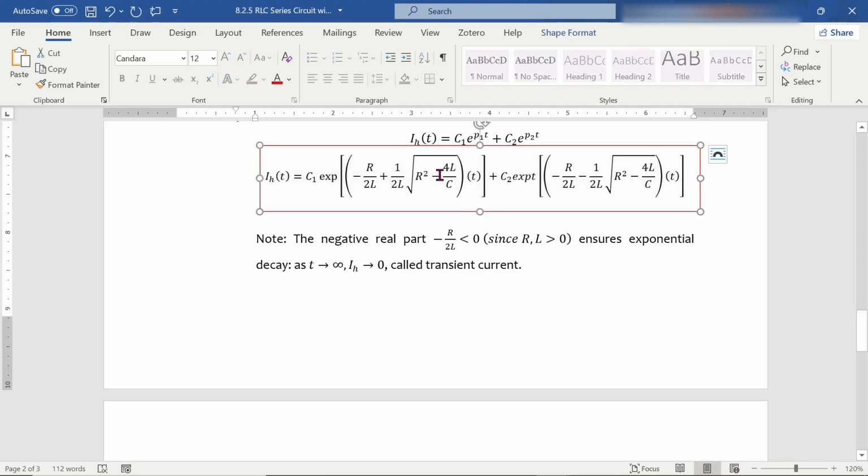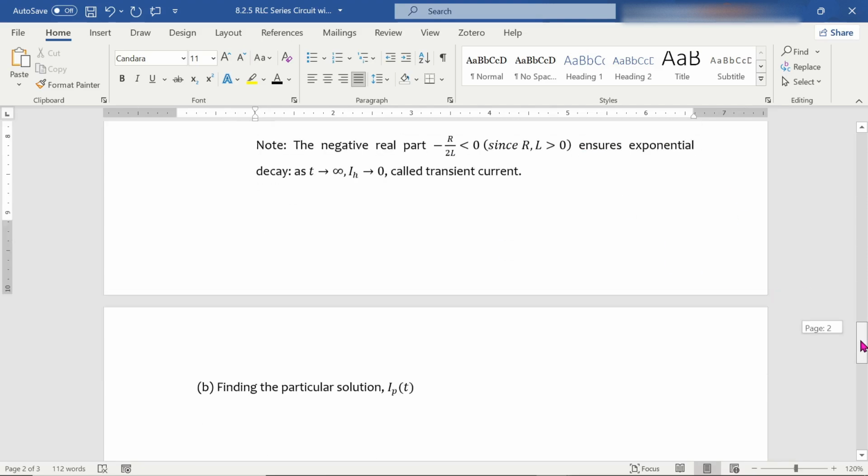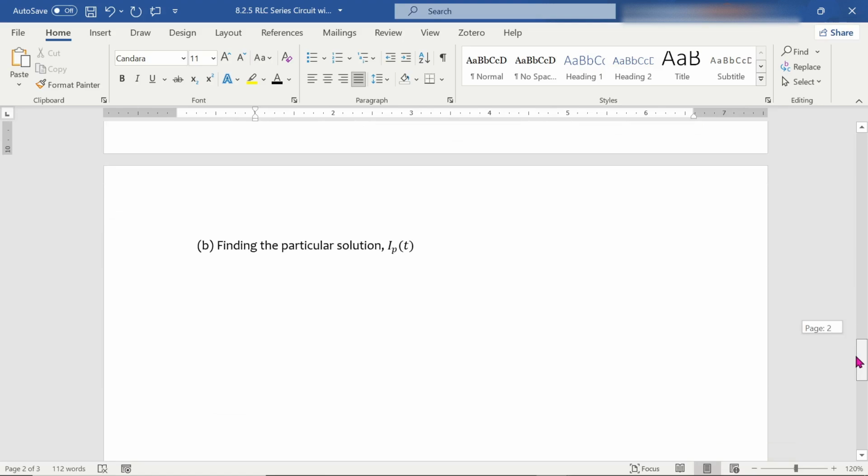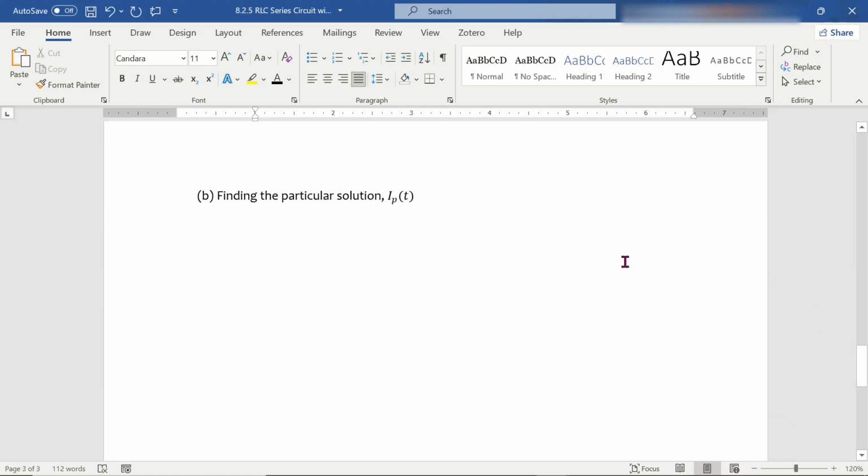Just to recall, this is our homogeneous solution last time. And our only problem right now is to look for the particular solution and add it to the homogeneous solution so that we can have the complete solution for our second order ordinary differential equation for the RLC circuit.